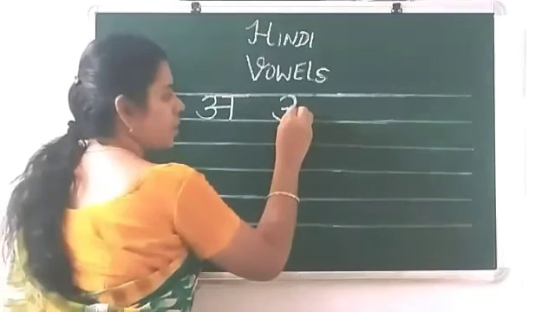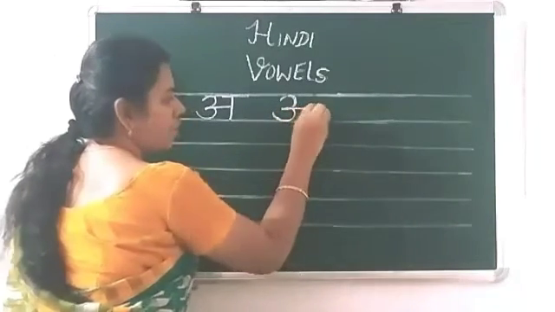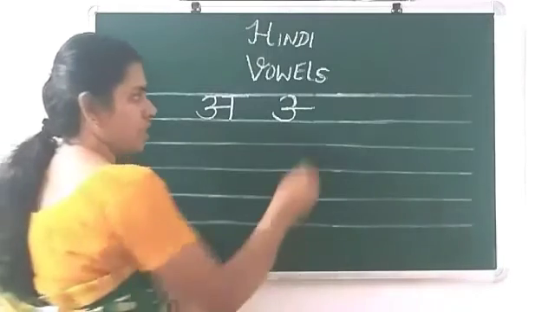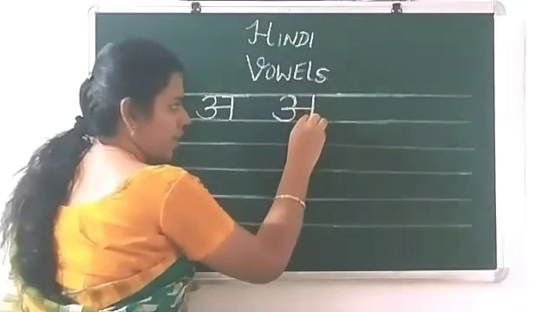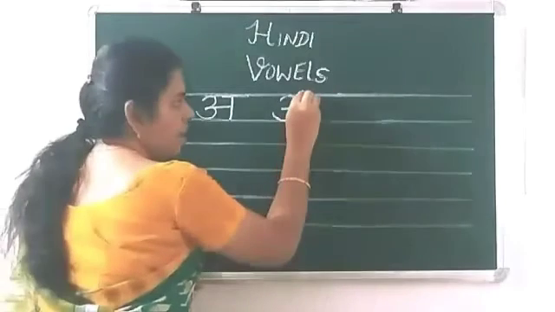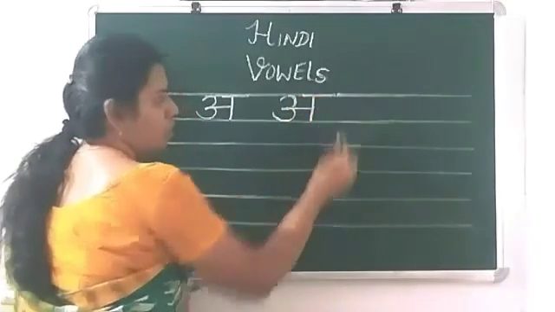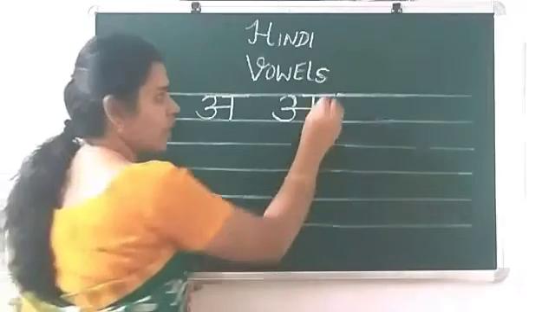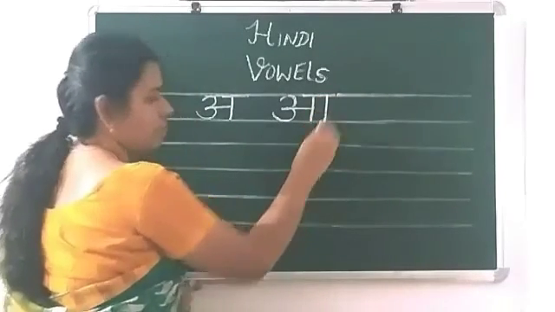And third step, draw a sleeping line from the center like this. And fourth step, draw a standing line. Then draw a sleeping line on the top. And finally, one more standing line next to it.